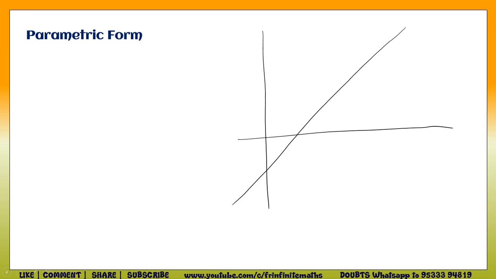So parametric form means you will be having a parameter here. So you will be using one particular variable or a symbol as a parameter, right? So let us see what is parametric form. So in parametric form, we are going to consider a coordinate axis.